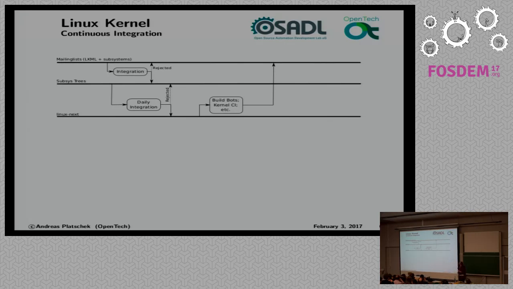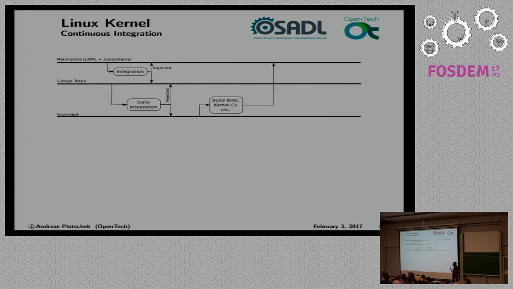Usually, most patches are just sent by email to the mailing lists and to the subsystem maintainers. From the email systems, the subsystem maintainers integrate them into the subsystem trees if they're okay. If not, they send back an email and say, hey, you have to fix this up and send another version of your patch so I can take it. So now the patch is in the subsystem trees.